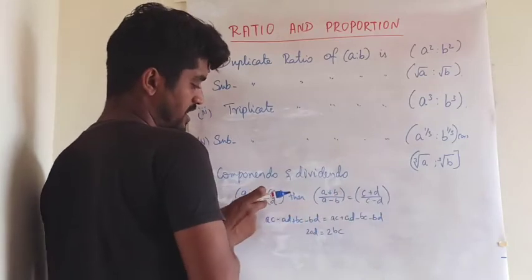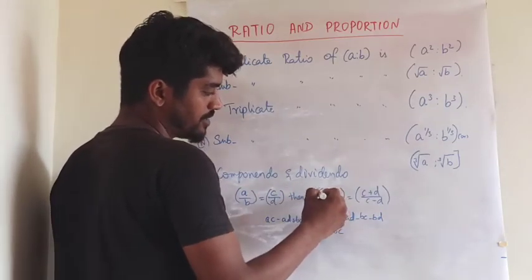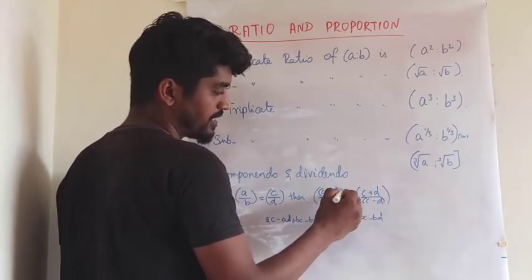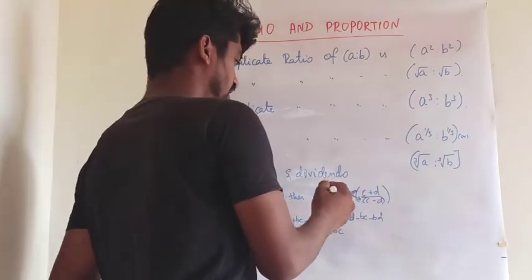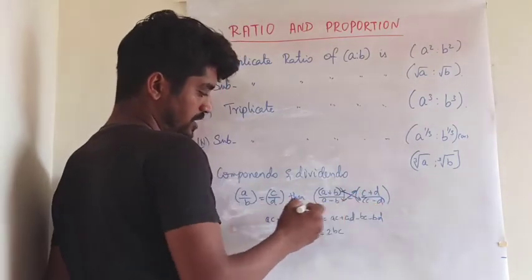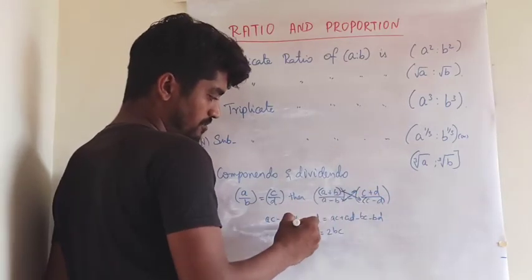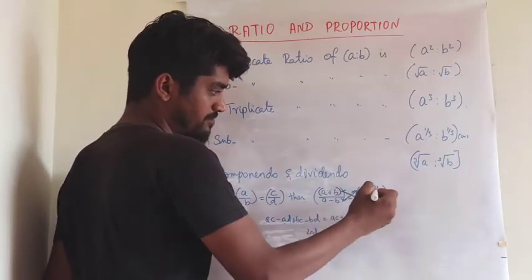We have A by B is equal to C by D. A plus B and C minus D, which we can cross multiply with numerator and denominator. We get A into C, AC, minus A into D, plus B into C, BC, minus B into D, BD.